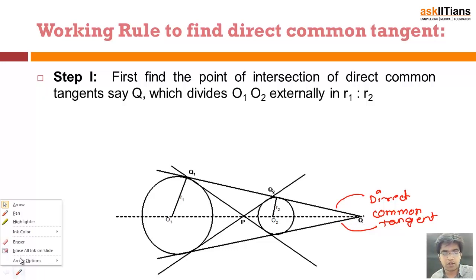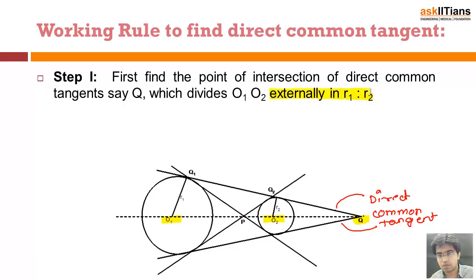Look at the points O1, O2 and Q. Q divides O1O2 externally in the ratio R1:R2.